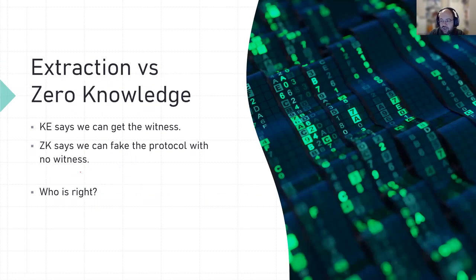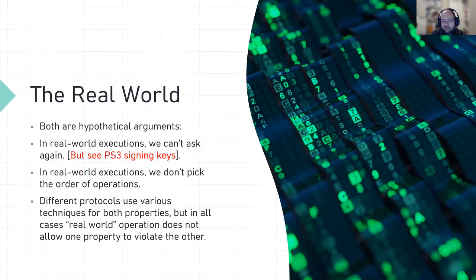So back to last week's question about extraction and zero knowledge. We have knowledge extraction saying that we can get the witness. We have zero knowledge saying that we can fake the protocol with no witness. Who is right? They are both essentially hypothetical worlds. In one world, we're able to cheat by asking multiple questions or by knowing some additional feature.